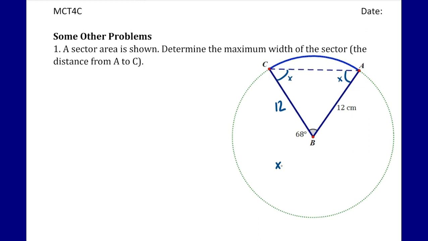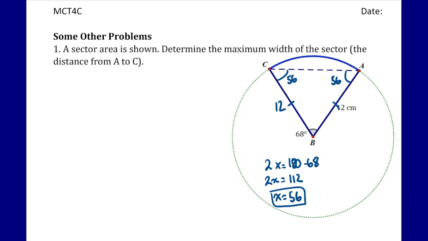So 2x has to equal 180 minus 68, or 2x has to equal 112, or one angle has to equal 56. So I now know that each of these angles is going to be 56. Because these two sides are the same, it's an isosceles triangle, so those two angles have to be the same.